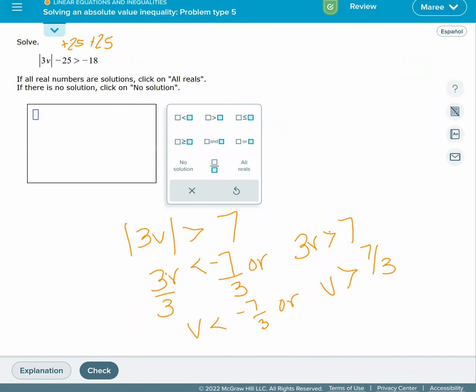So we are going to type in, here we go. V is less than negative 7/3.